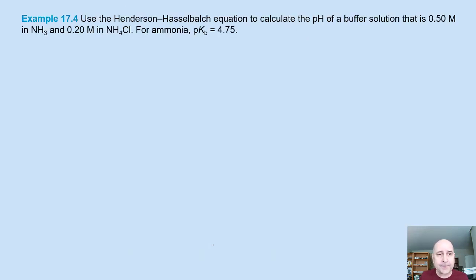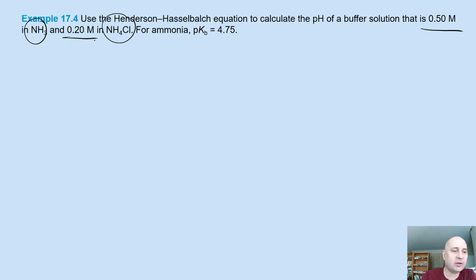Okay, let's work one more and then stop. Use the Henderson-Hasselbalch equation to calculate the pH of a buffer solution that's 0.5 M in ammonia and 0.2 M in ammonium chloride. Okay, so now this is a base.